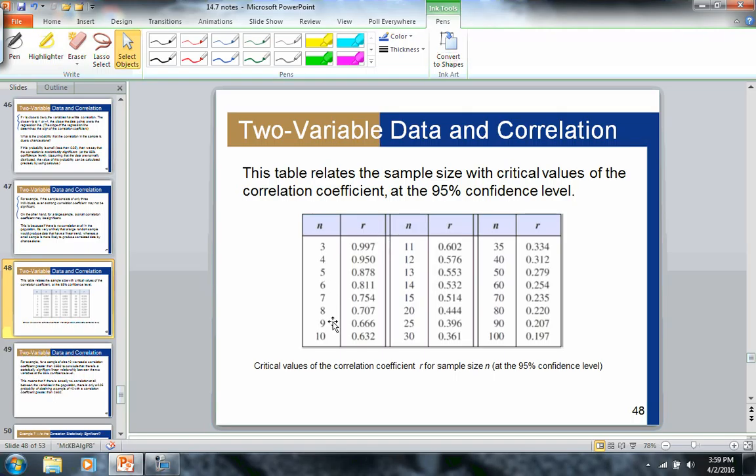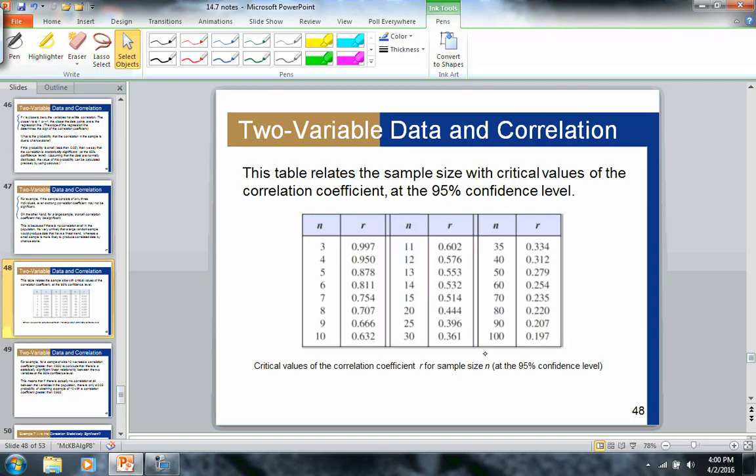But the more we sample, that number actually goes down because as we sample more and more and more, we're going to get more accurate results that are going to truly reflect what's going on with the entire population. So you see, as we get to 80 and 90 and 100, we're already down to 0.1.